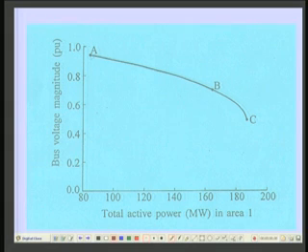Now, this curve is similar to what we have seen for a single bus system, or you can say a radial transmission system, where load is at only one bus.